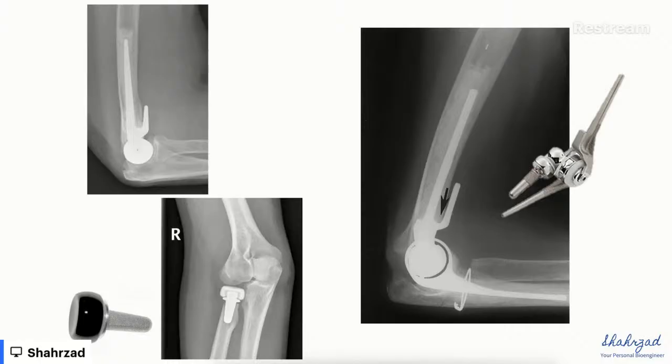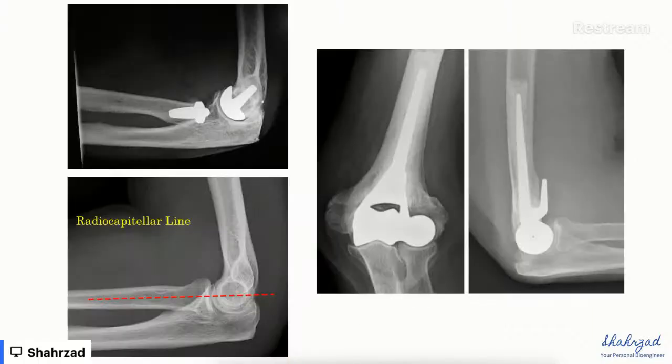And this is a partial elbow replacement, just covering this top part and the radius or radial component right here.